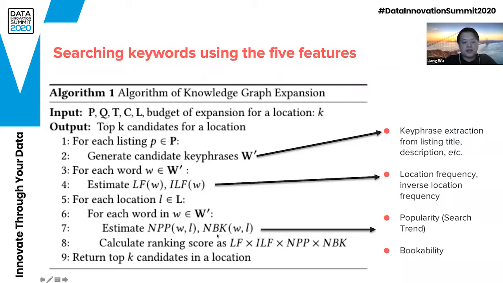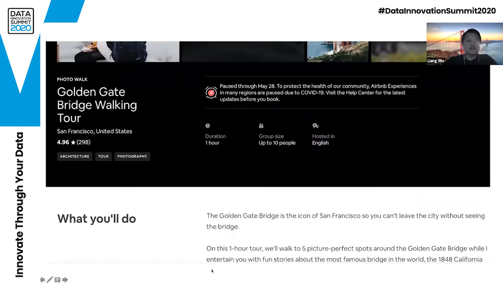Basically, we try to estimate how frequently the listings associated with each tag are booked. Finally, in step 8, we multiply these things together, and we try to estimate which keyword is a city-specific tag for a particular location.